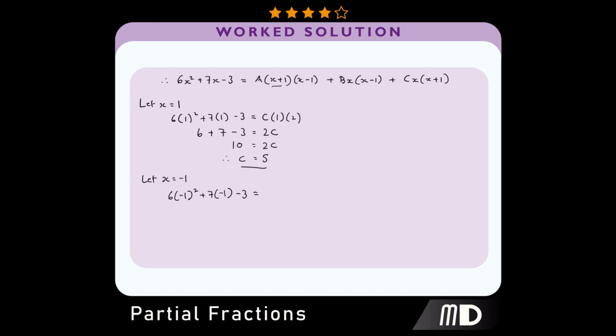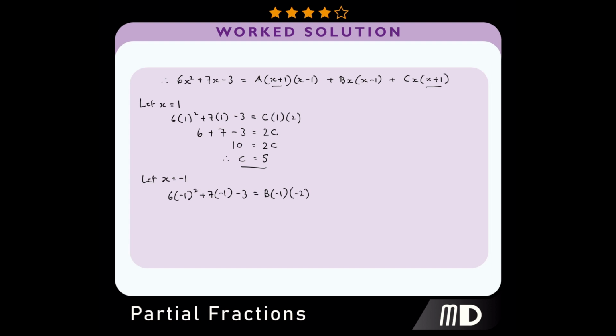So here we've got an x plus 1, and here we've got an x plus 1. So the part including the variable b will be the only part that isn't equal to 0. So let's write that down. b multiplied by minus 1 multiplied by minus 1 minus 1, which is minus 2.